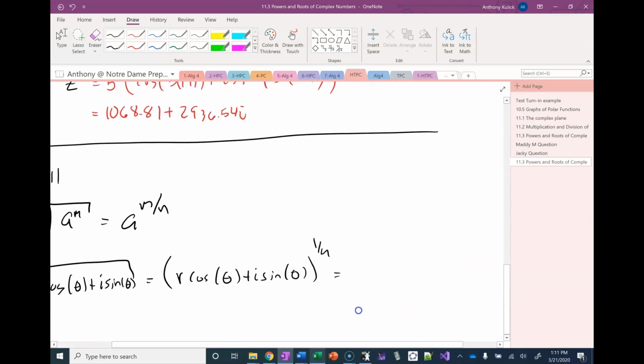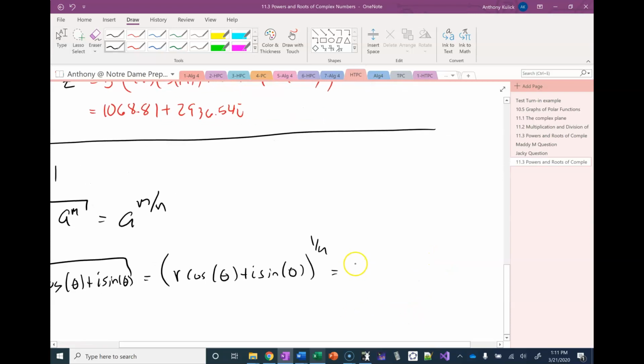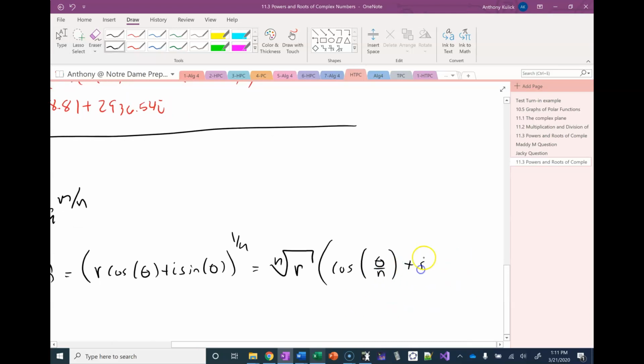And then if we just apply De Moivre's Theorem to this, that's going to give me the nth root of r times cosine of theta over n plus i sine theta over n.